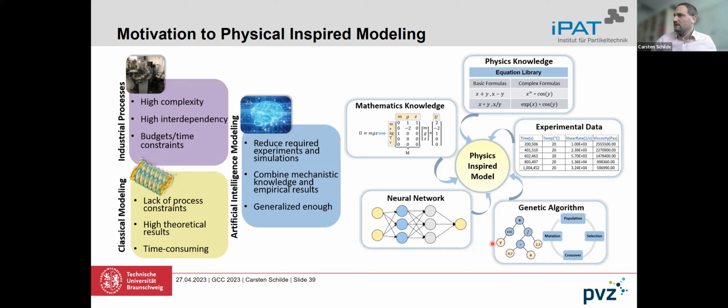And in order to put in physics, you can think about this part here on the top left to make a kind of dimensionless analysis and put it inside. So you have dimensionless numbers. You can check if they are part of the solution of your equation. And you can also put in physical knowledge from literature or from your DEM simulations.